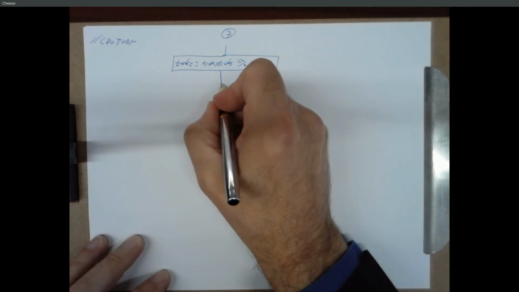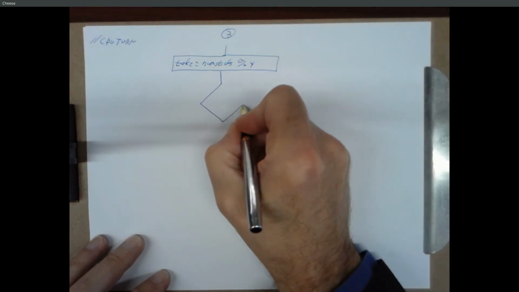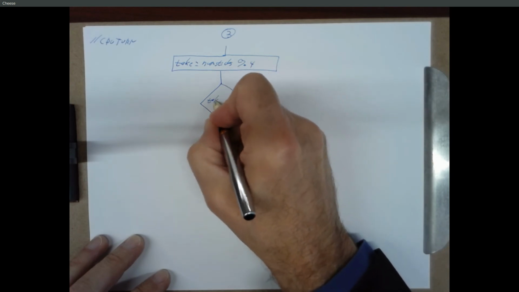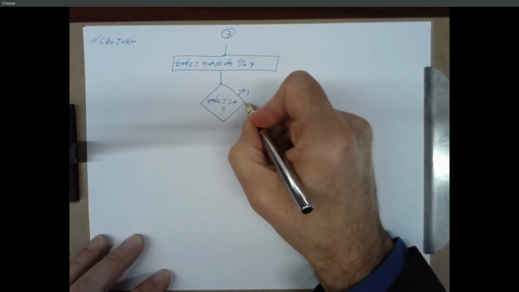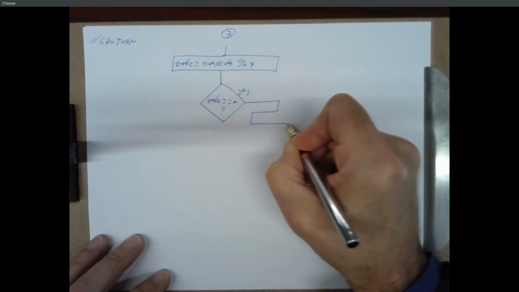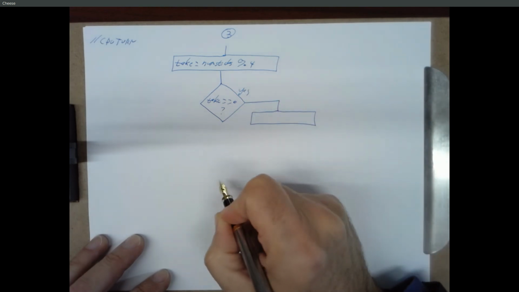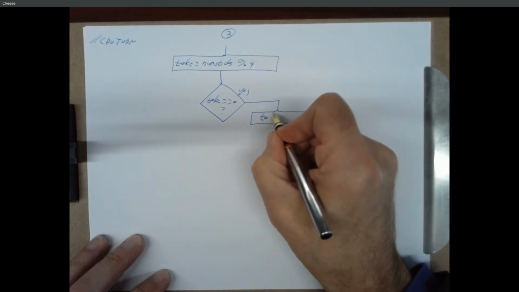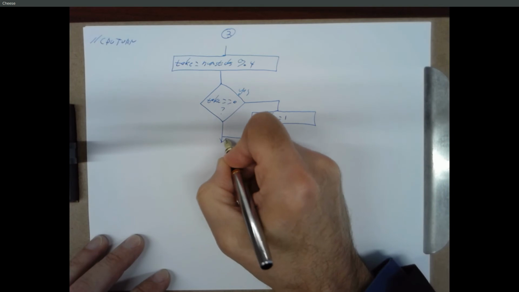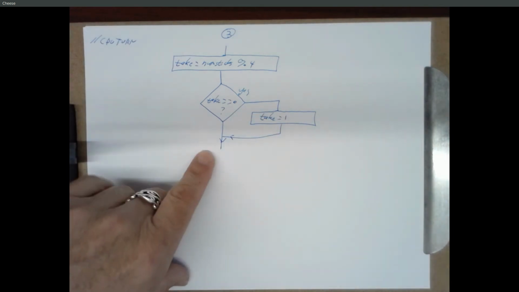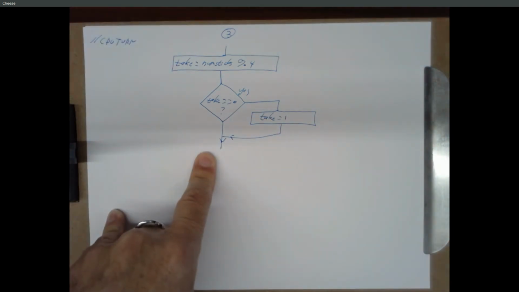So we have a special case here. Is take equal to 0? If it is, what's the rule here? How many sticks should we take? Take 1, so set take equal to 1. Okay, so at this point, take is the number of sticks the computer is going to take.